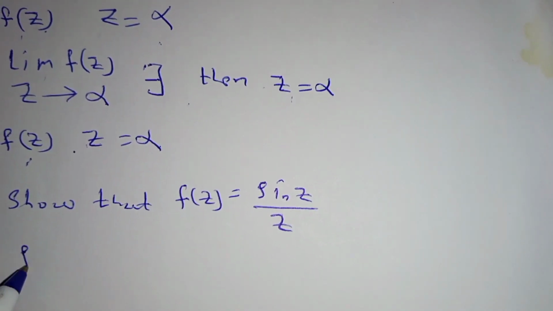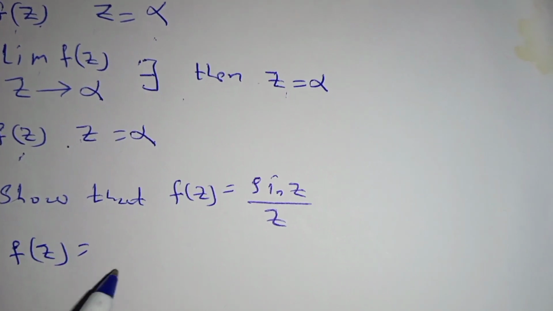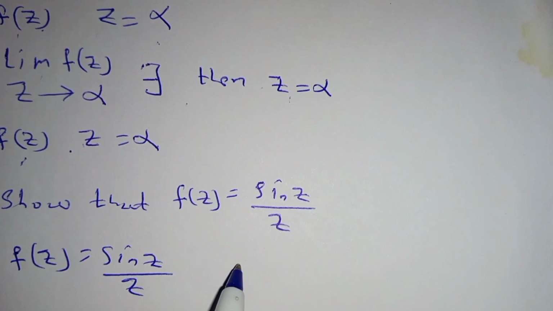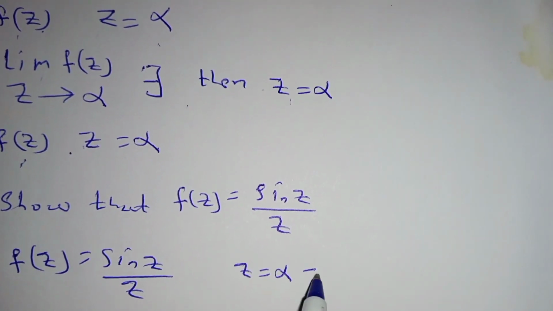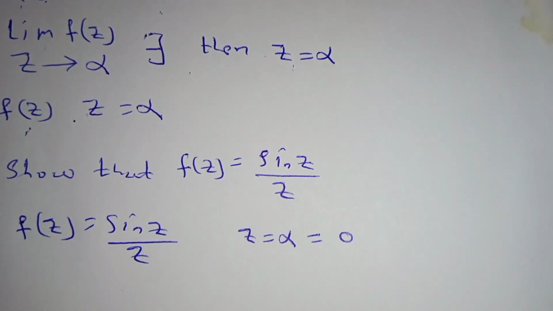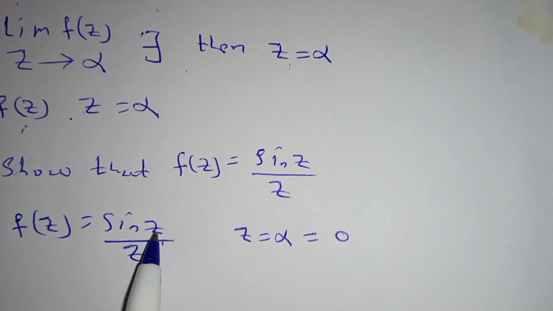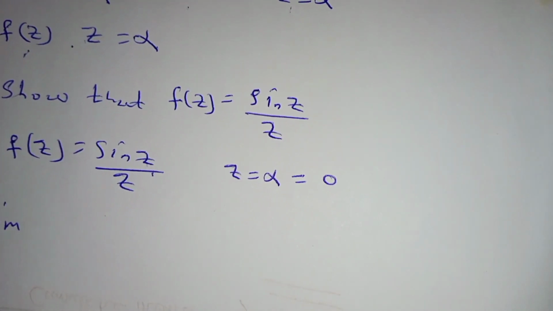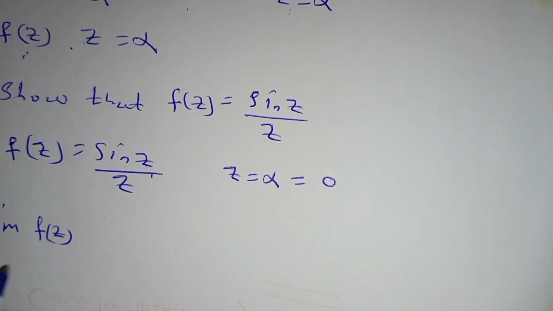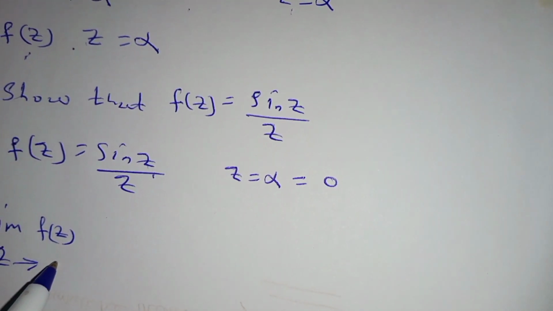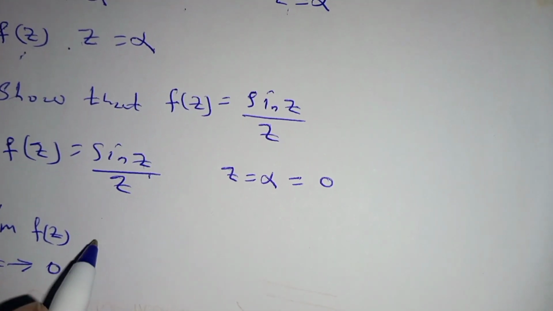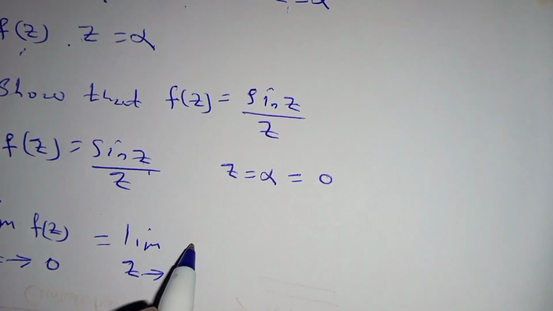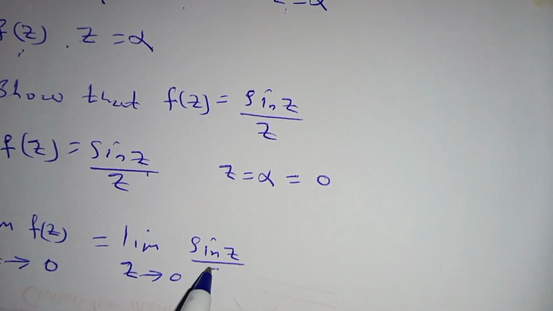Solution: f of z is equal to sine of z over z. The singularity, we are talking of z is equal to alpha; in our case alpha is equal to 0. When z is equal to 0, this function has a singularity. But if we take the limit of f of z as z tends to 0, our function is sine of z over z.